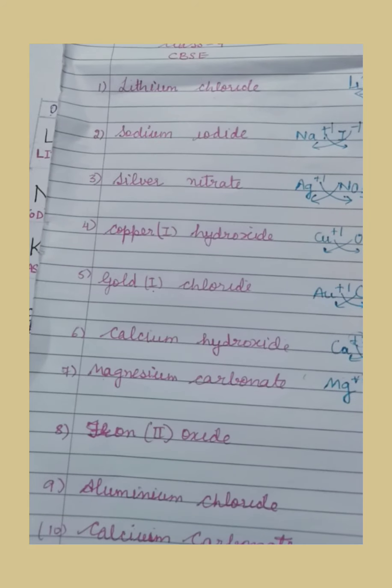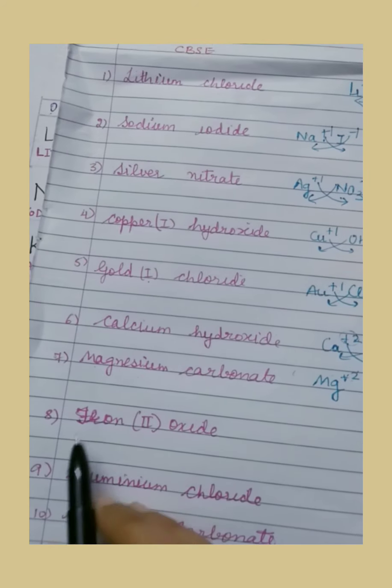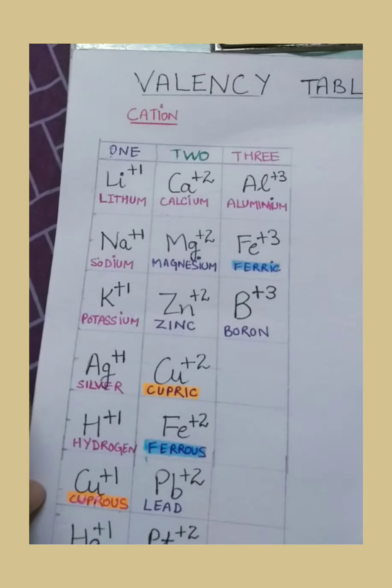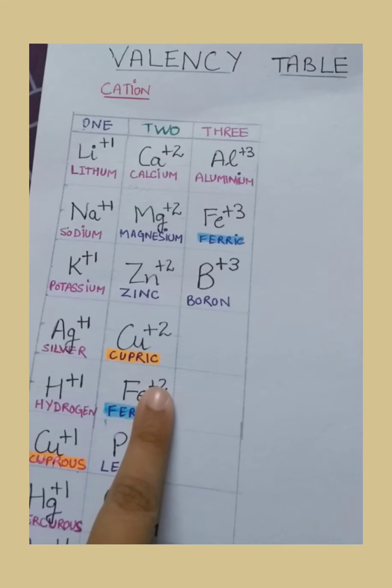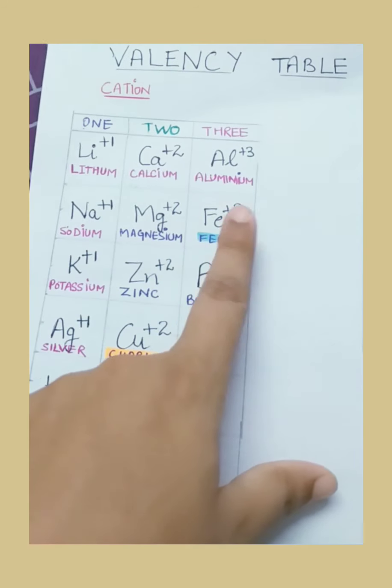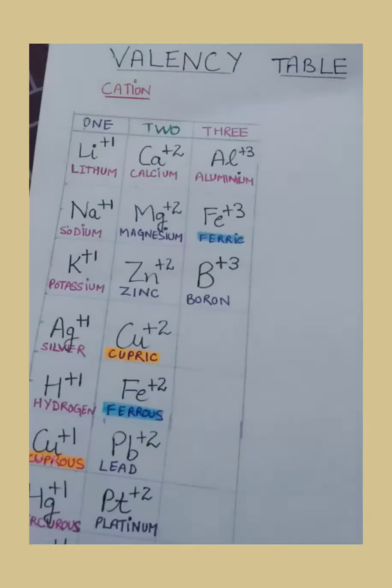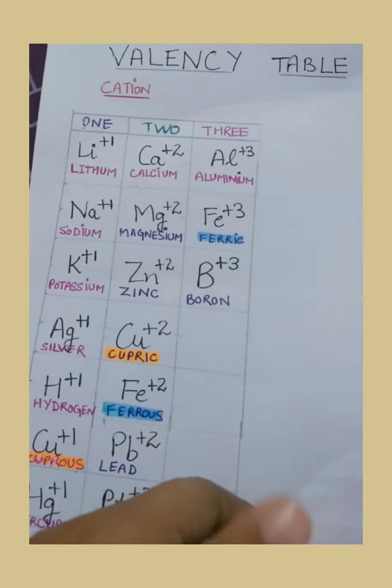Next is iron oxide. Iron, since I have written iron 2, and I have told you iron also has 2 valencies. One is ferrous, where the valency is plus 2, and the other is ferric, where the valency is plus 3. So accordingly we have to see what is given.